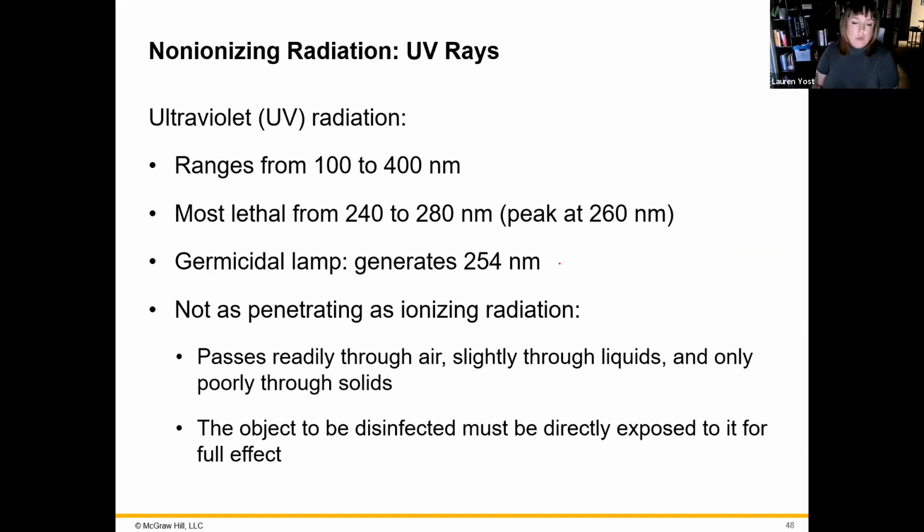If you're going to be using UV radiation, the effective range is 240 to 280 nanometers, peaking at 260. We have lamps that are basically optimized for this to help treat surfaces. This is not as penetrating as ionizing radiation, and we do not necessarily consider UV radiation for sterilization. We don't think it's particularly useful for that. So we will disinfect things with this.